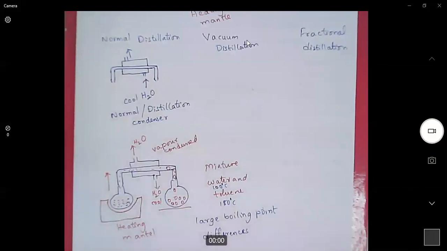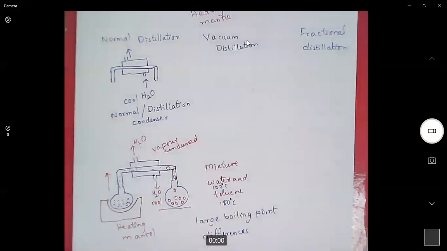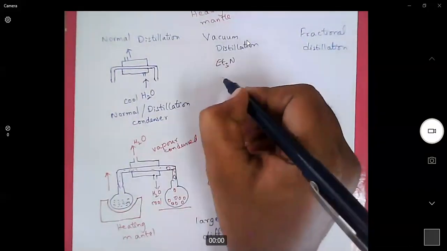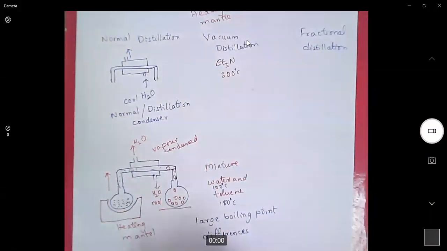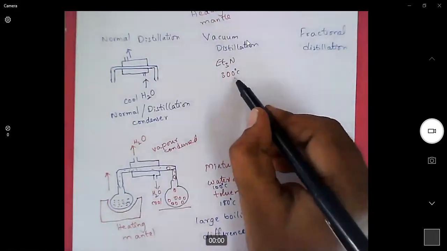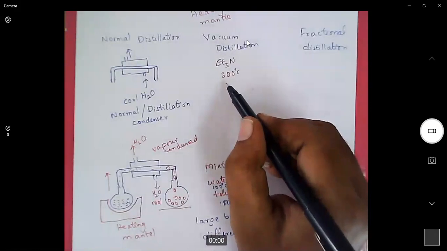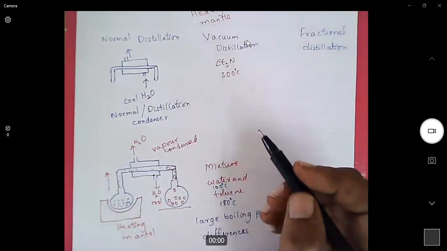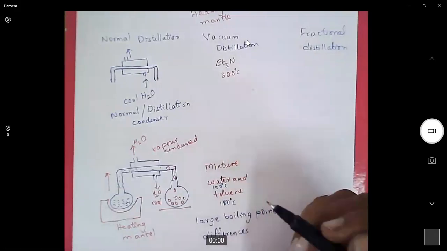Now, what is vacuum distillation? For example, take triethylamine. Its boiling point is around 300 degrees centigrade. I don't remember exactly, but supplying this much energy is very, very difficult. I said silicon oil can be used to supply 300 degrees centigrade, but that is the extreme case, right?